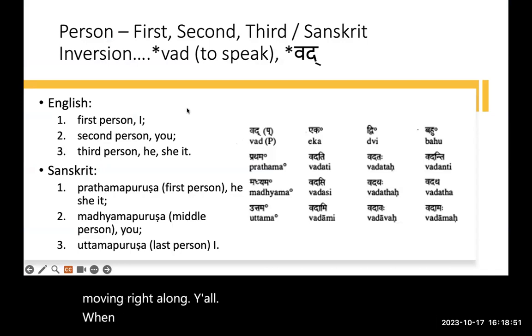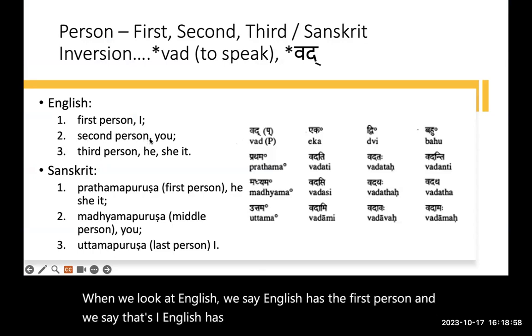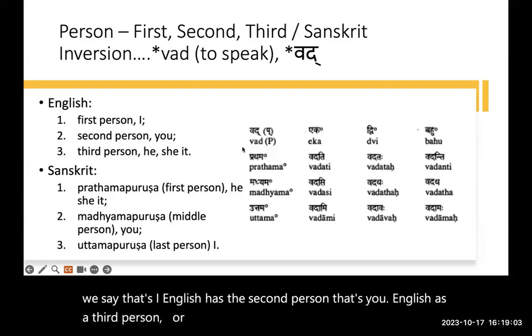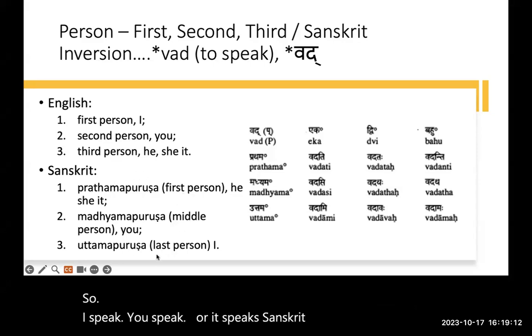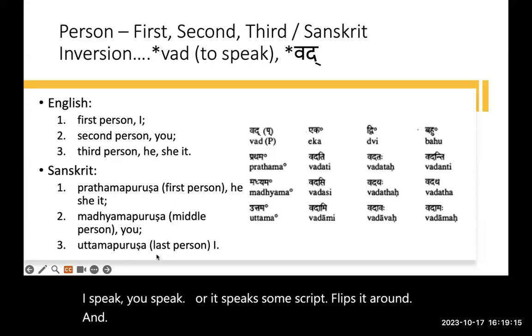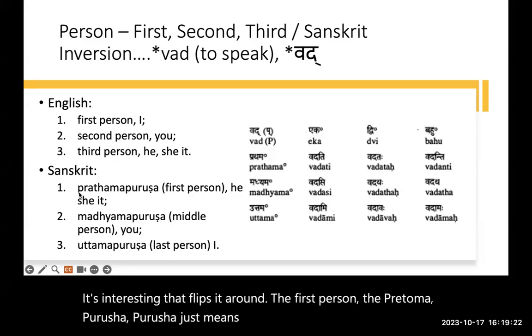When we look at English, we say English has the first person, and we say that's I. English has the second person, that's you. English has a third person, he, she, or it. So, I speak, you speak, he, she, or it speaks. Sanskrit flips it around, and it's interesting that it flips it around. The first person, the pratama purusha, purusha just means person. Pratama means first.